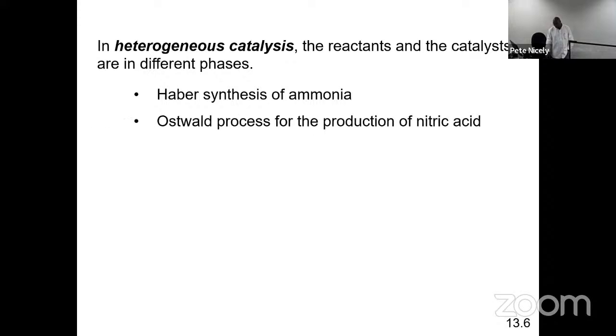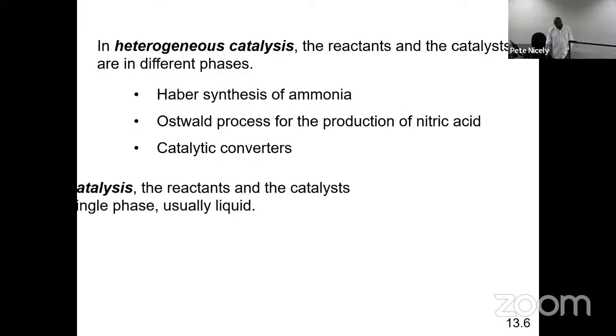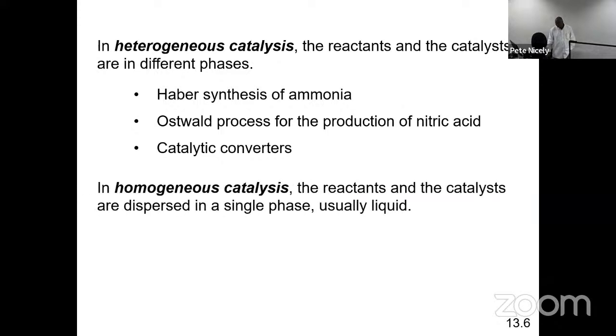And here are a couple of industrial examples of heterogeneous catalysts. And then we have homogeneous catalysts, where basically the catalyst and the reactants are in the same state or phase. Usually it's liquid.